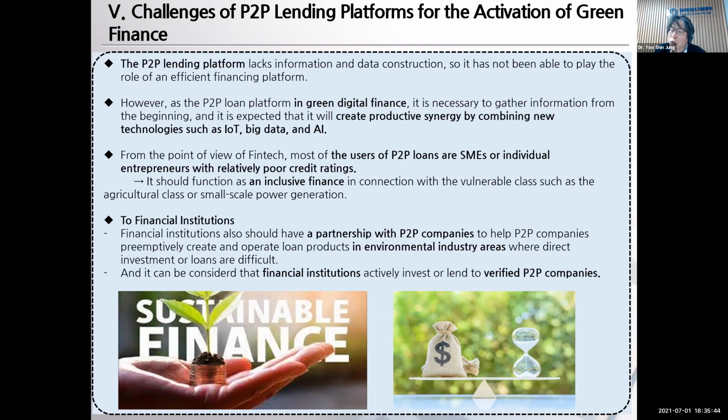As a challenging point, if we accumulate that kind of data, I think P2P loan platforms could be very efficient, and they could give a new vehicle in areas where traditional financial institutions cannot, and also be easily connected and fused with infrastructure technology like ABCD, AI, blockchain, cloud computing, and the IoT.